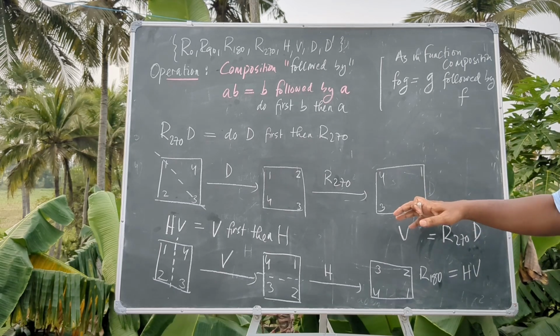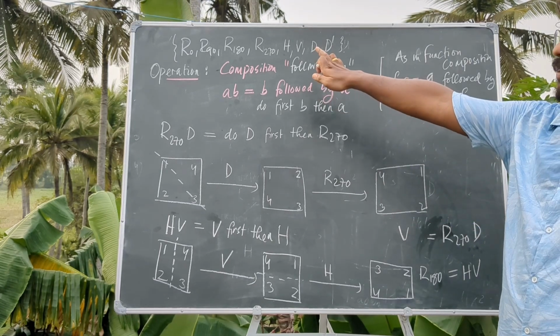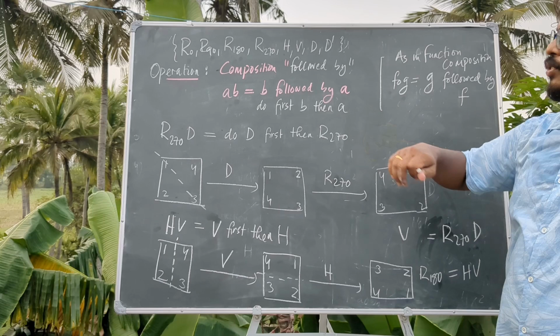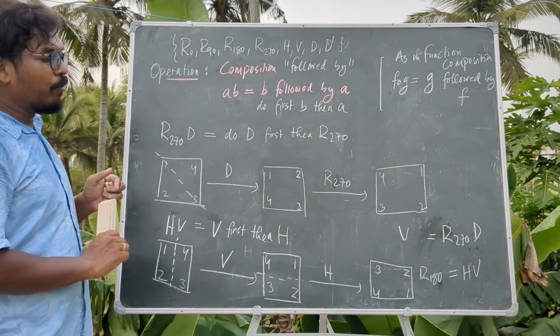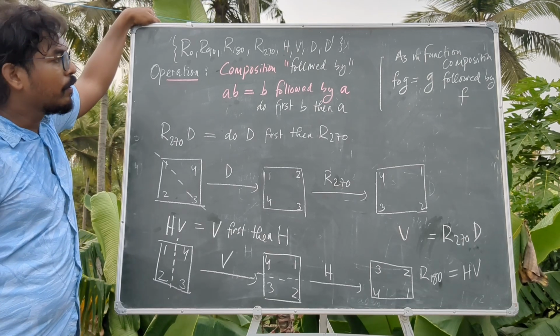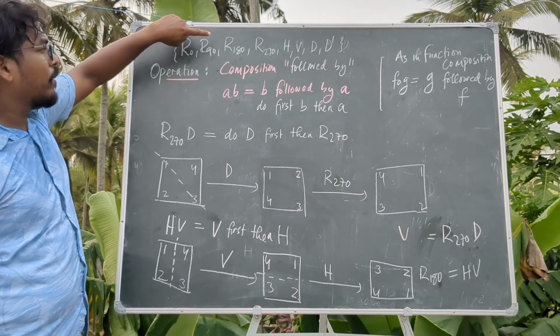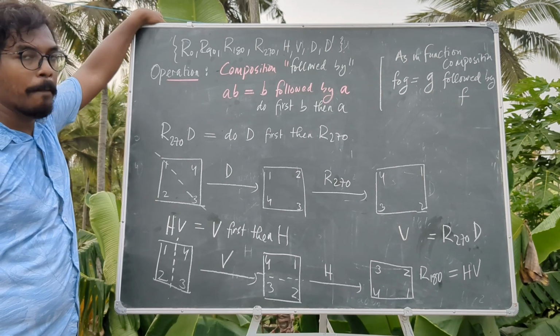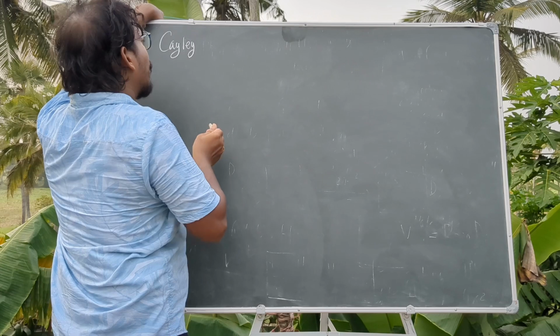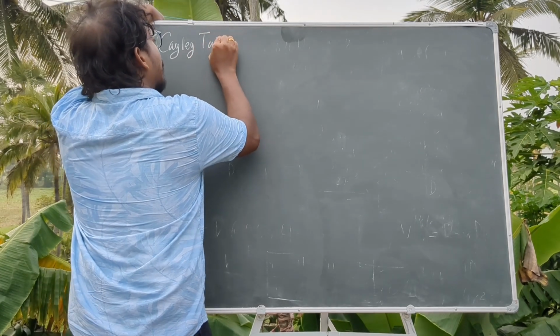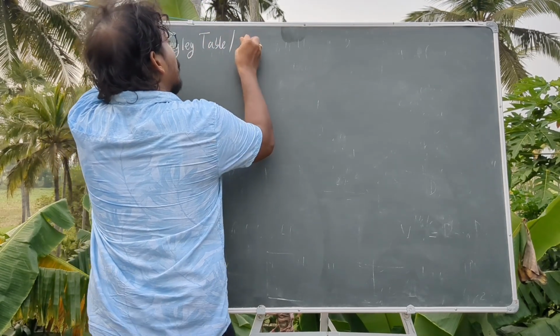And now we know how to operate two elements of this set under our operation, function composition. And now we will make the Cayley table of this set under the operation of composition, the Cayley table or operation table.